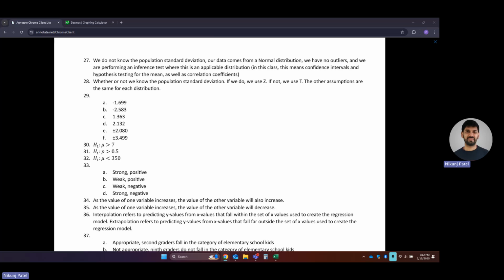But the main detail that helps you remember this type of question is we do not know the population standard deviation. And then while we are still here on number 28, the question is asking what's the main indicator whether to use Z or T. Whether we know or don't know the population standard deviation is what indicates to us to use Z or T.